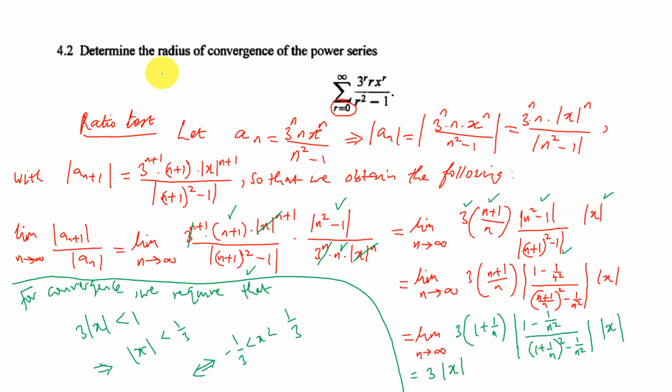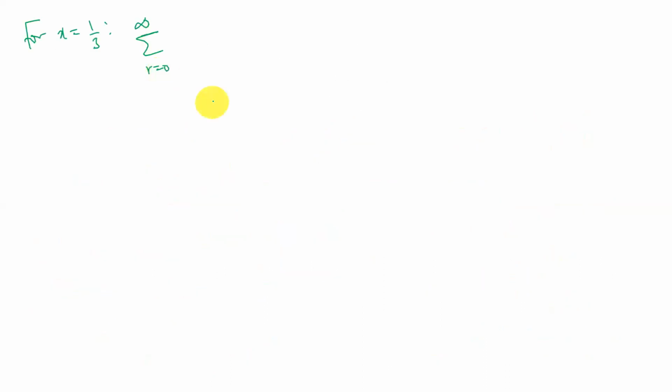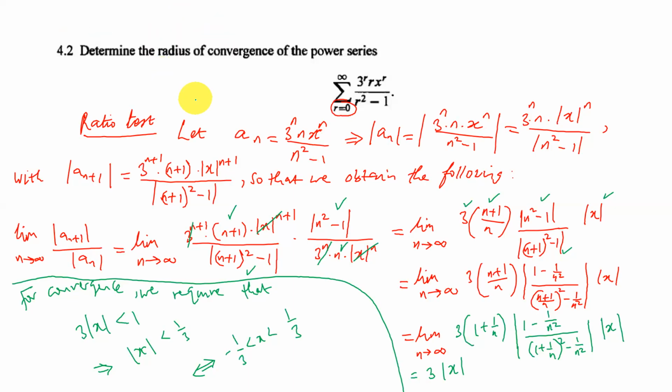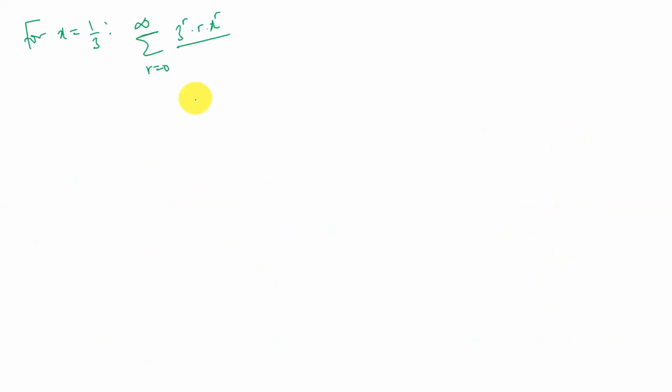For x equals 1/3, we take the original series. You can take it in terms of 3 to the power r x to the power r, divided by r squared minus 1.